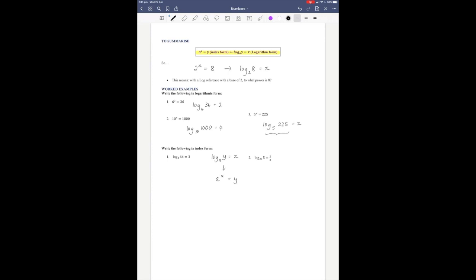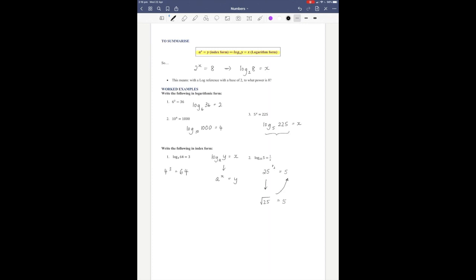So here I'm going to rewrite this as 4 to the power of 3 is equal to 64. And with question 2 here, again I'm going to write in exponential form 25 to the power of a half is equal to 5. Now remember, in case you've forgotten, I can rewrite 25 to the power of a half as the square root of 25, and we know that that's equal to 5, which is how I got that answer.